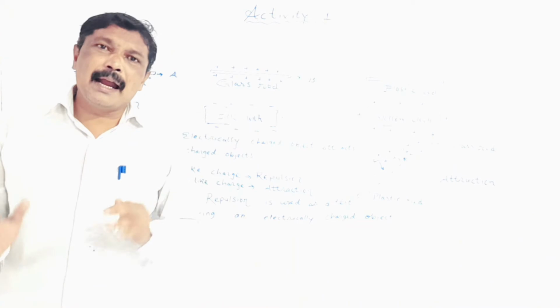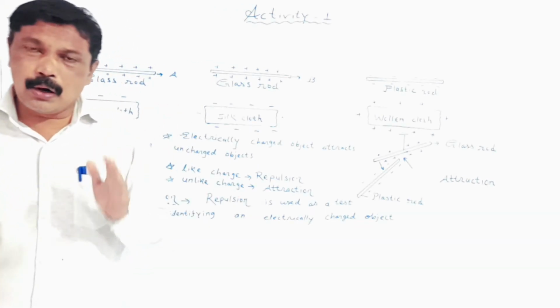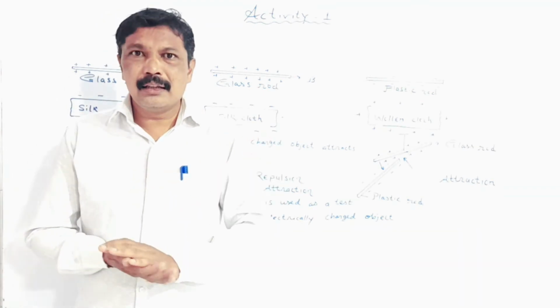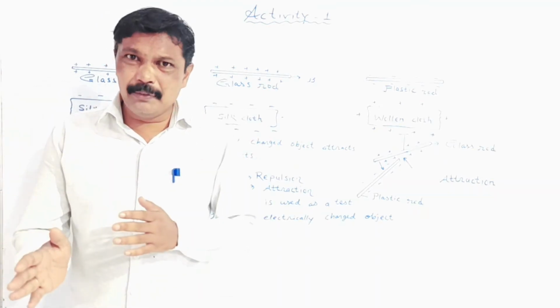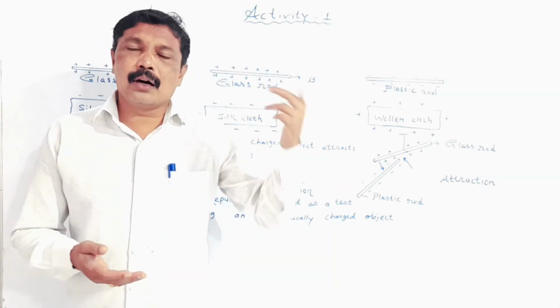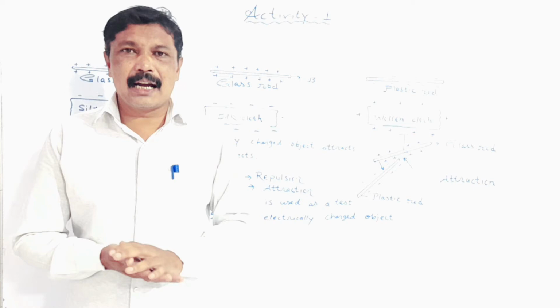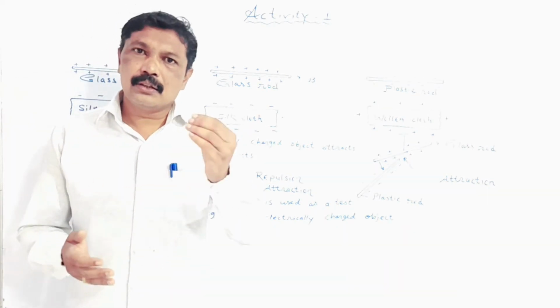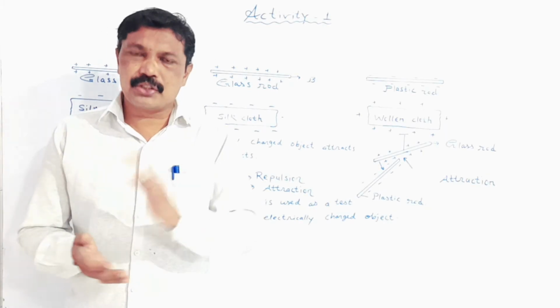Now, my dear student, we have two objects which were neutral, a glass rod and a silk cloth. When they were rubbed with each other, charges developed. The glass rod got charged positively and the silk cloth got charged negatively.